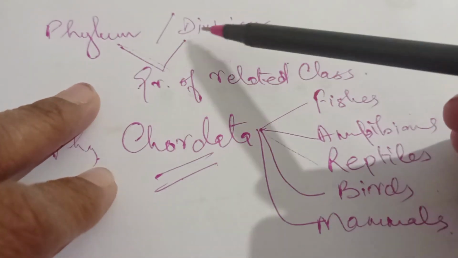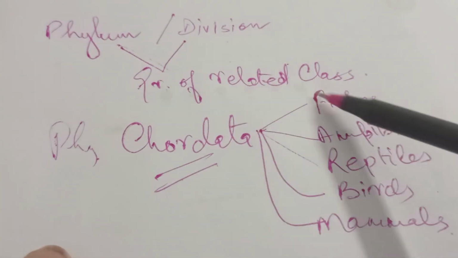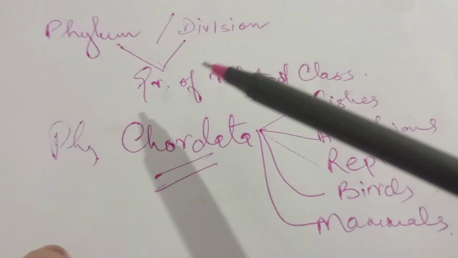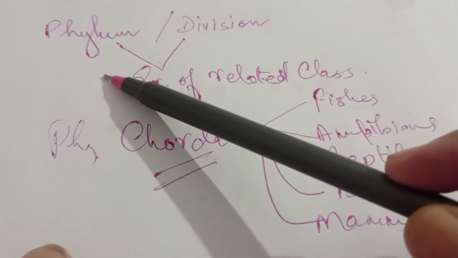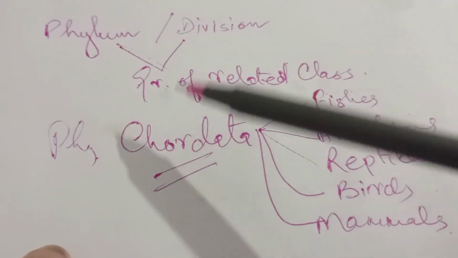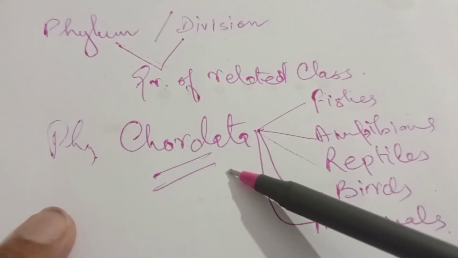Now, what is a phylum or division? Phylum or division is a group of related classes. I will give you an example. For example, in animals, there is a phylum Chordata.